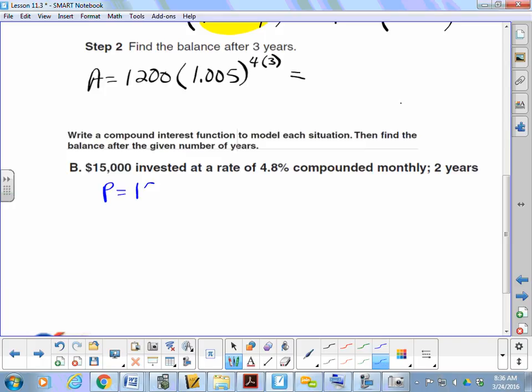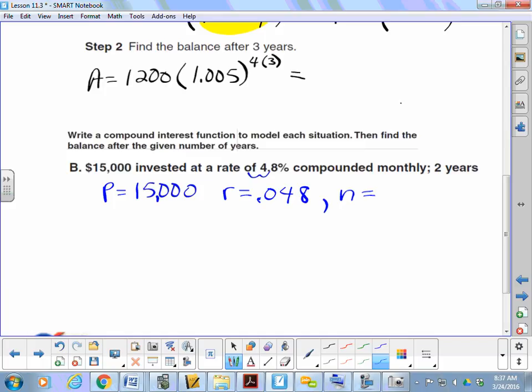P, our starting value, 15,000. R, what do we get when we change 4.8% to a decimal? 0.048. We got to move that decimal 2 places to the left, so it moves to the front of the 4 and then a 0 in front of that.